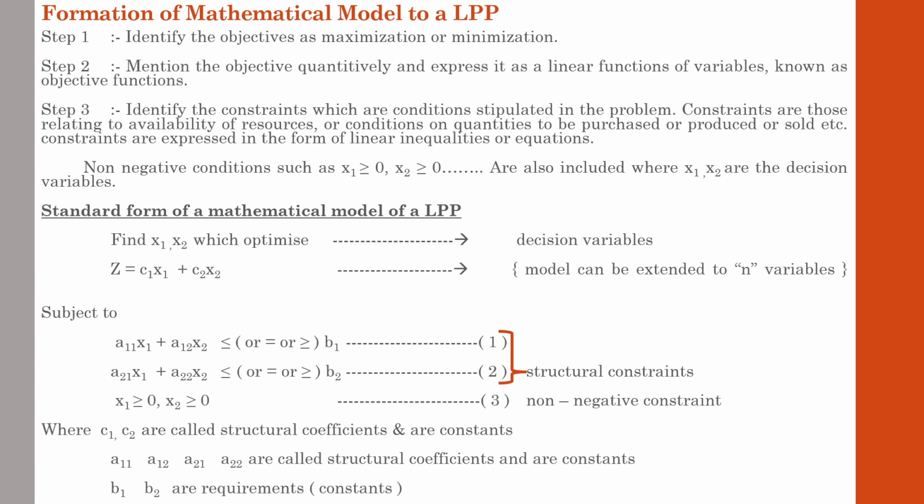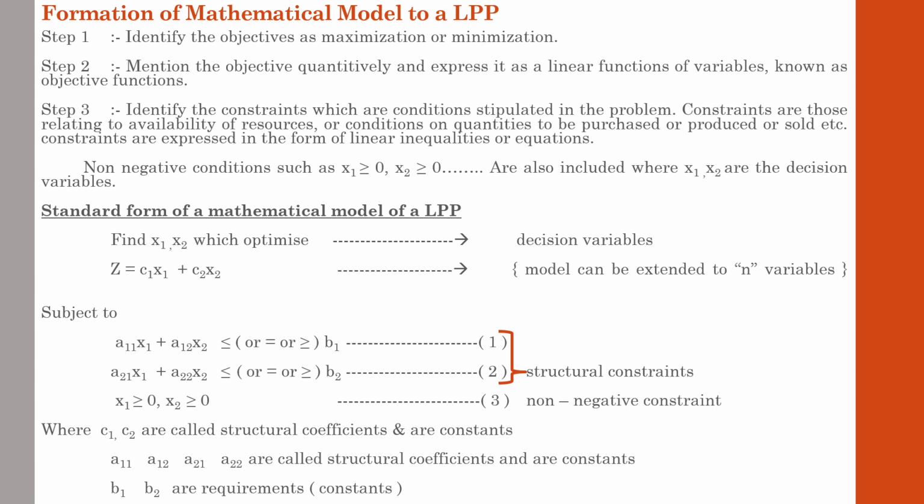These represent the non-negative constraint. We will discuss the non-negative constraint in detail during the application case. Right now, these are the major steps in the preparation of a mathematical model of an LPP.